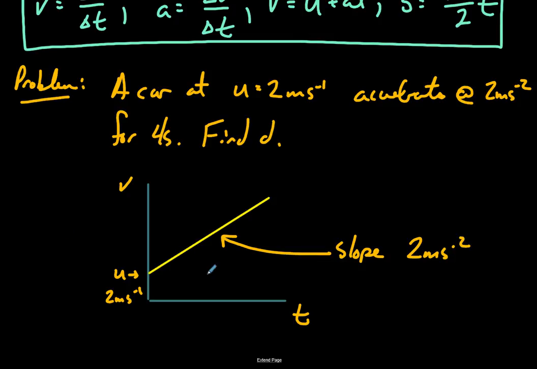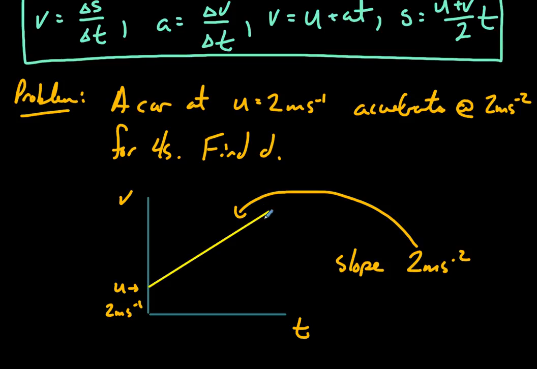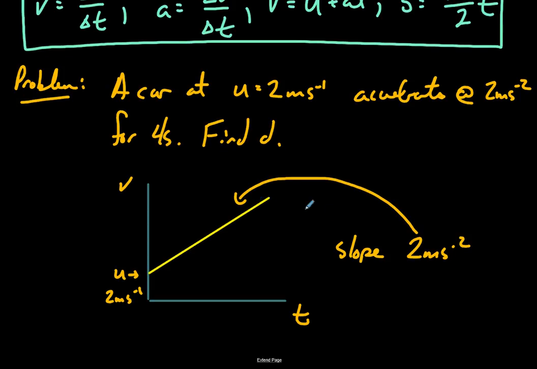And what you want to know is, how far did it go during this time without first solving for the final velocity? If you solve for the final velocity, then you can use this formula right here to solve it. But there is a way to get that without actually finding what the final velocity is. So we're going to look at that right now.